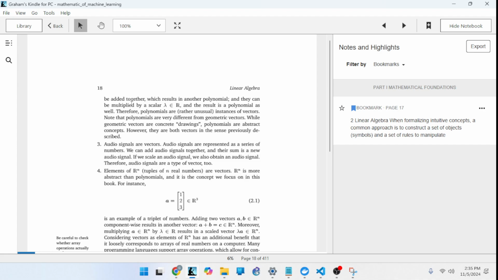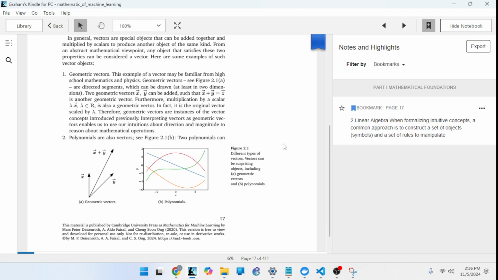Therefore, polynomials are rather unusual instances of vectors. Note that polynomials are very different from geometric vectors. While geometric vectors are concrete drawings, polynomials are abstract concepts. However, they are both vectors in the sense previously described.